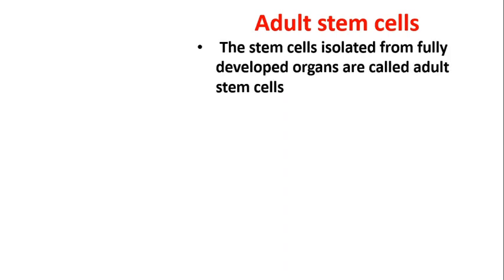Okay, and then you should also know what adult stem cells are. Here we are not going to study adult stem cells in detail now, but anyway you should know what they are. The stem cells isolated from fully developed organs are called adult stem cells.